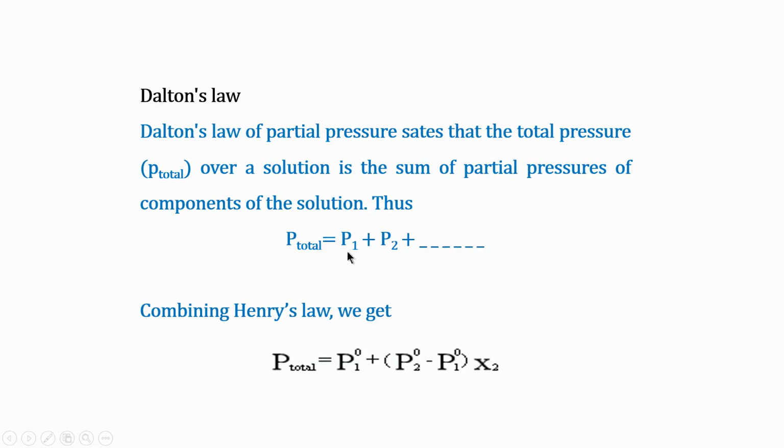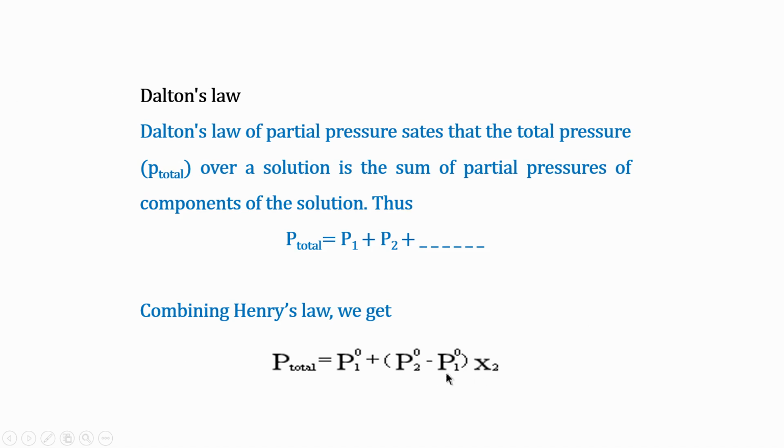I have put it in equation form, that is P1 plus P2 plus P3 and so on, and we can combine Raoult's law and Dalton's law. We say total pressure is the sum of P1 naught plus P2 naught minus P1 naught into x2.